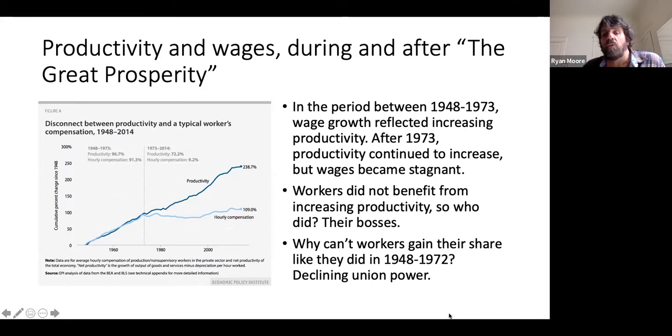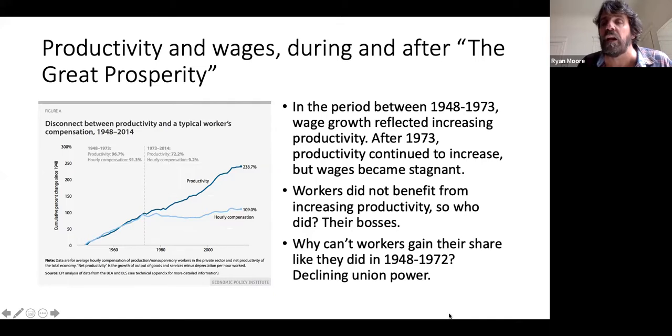And so the question is, what happened? Why were workers, during the 50s and 60s, able to get higher wages that were commensurate with the increases in productivity, but after the 70s, they're no longer able to do that?